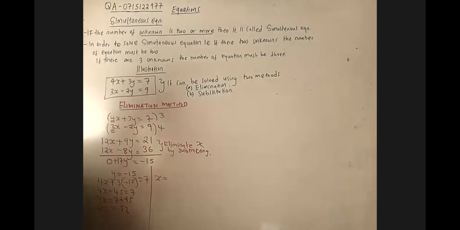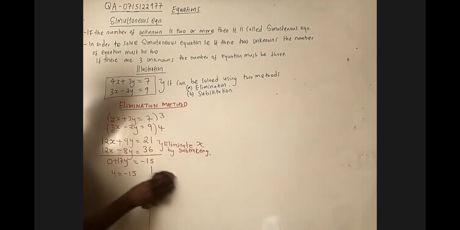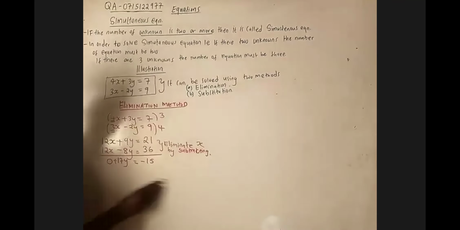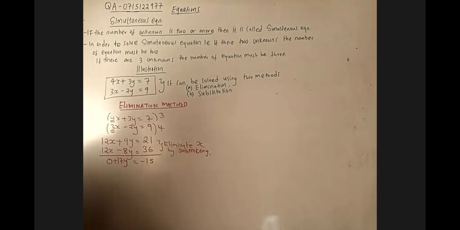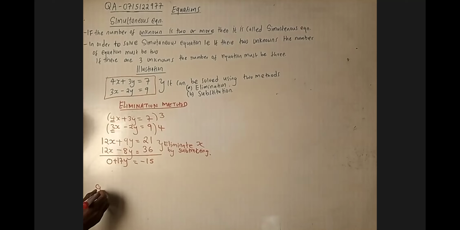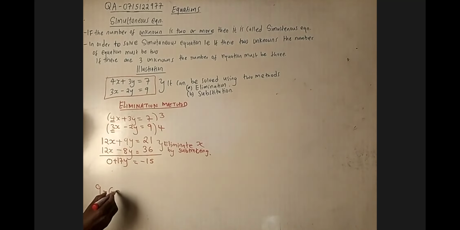Hiyo yote tumeandika hapa ni kelele. So amesema 9 minus, we are subtracting minus 8 is equal to 17. That one is correct. Thank you.